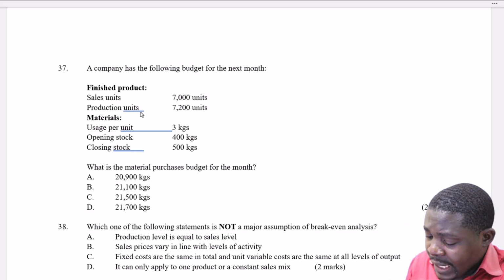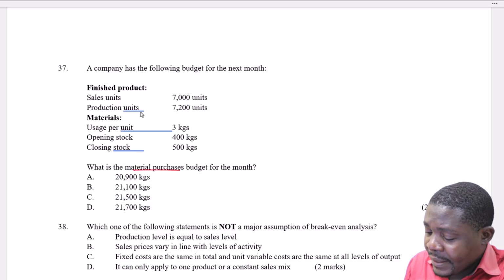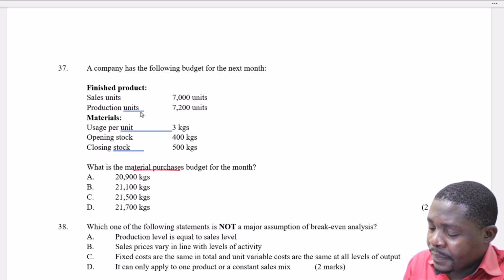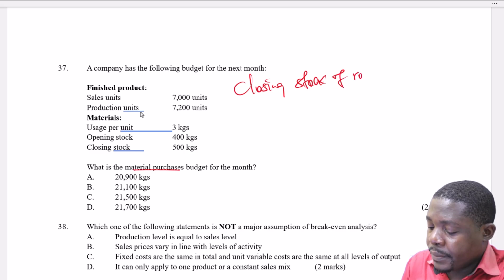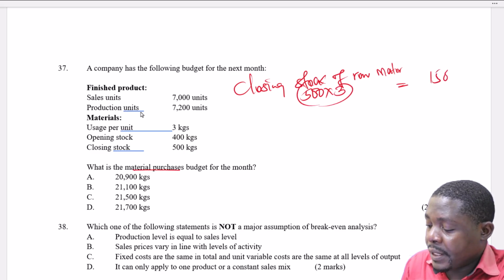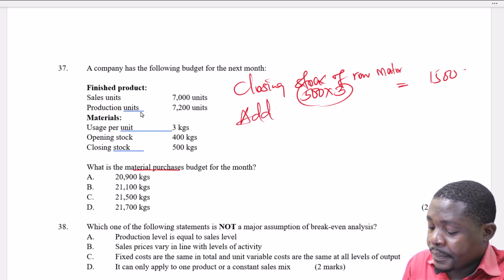If we want to calculate the material purchase, we're going to have closing stock of raw material. In that case we just take 5,000 multiplied by what? Multiplied by 3 kgs. You are getting 1,500.